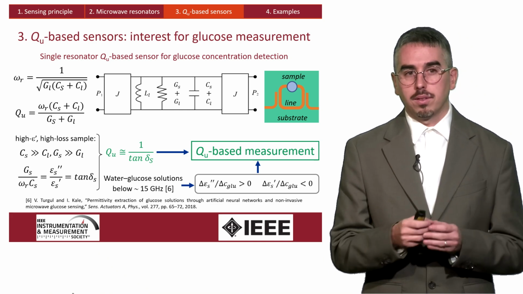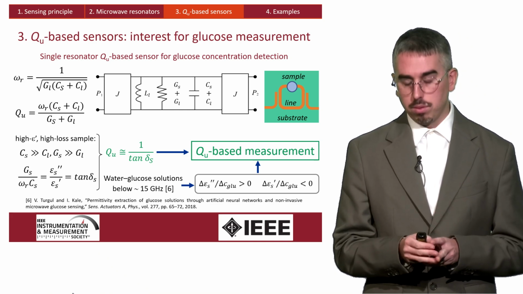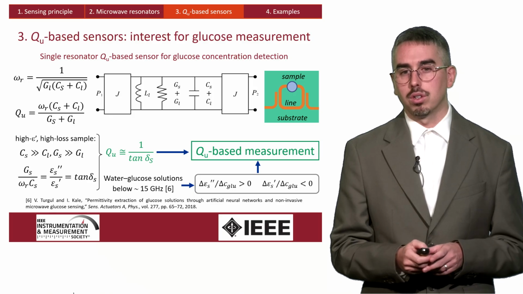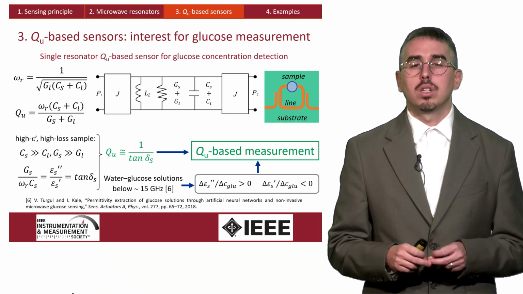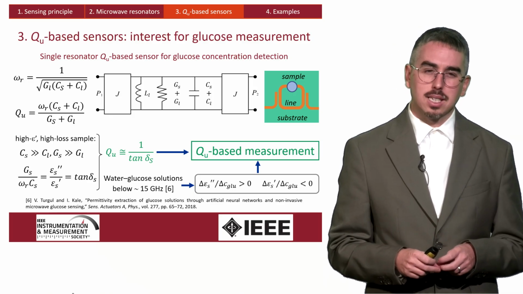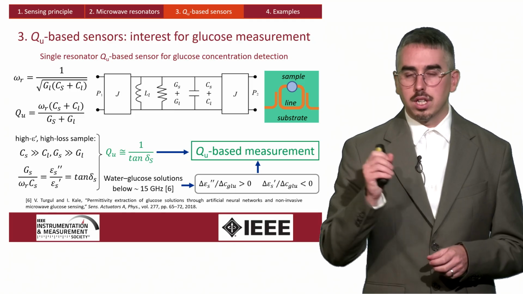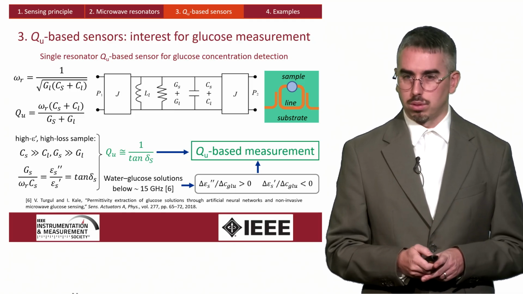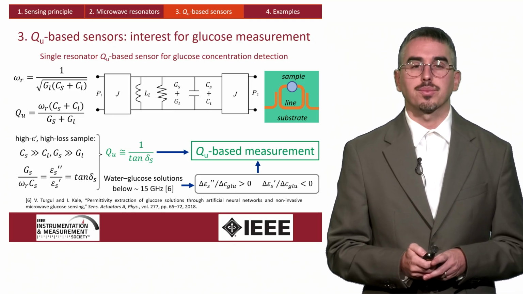So from any point of view, we can arrive at the same conclusion: the interest in using unloaded quality factor based sensors for this particular application, that is glucose concentration sensing.